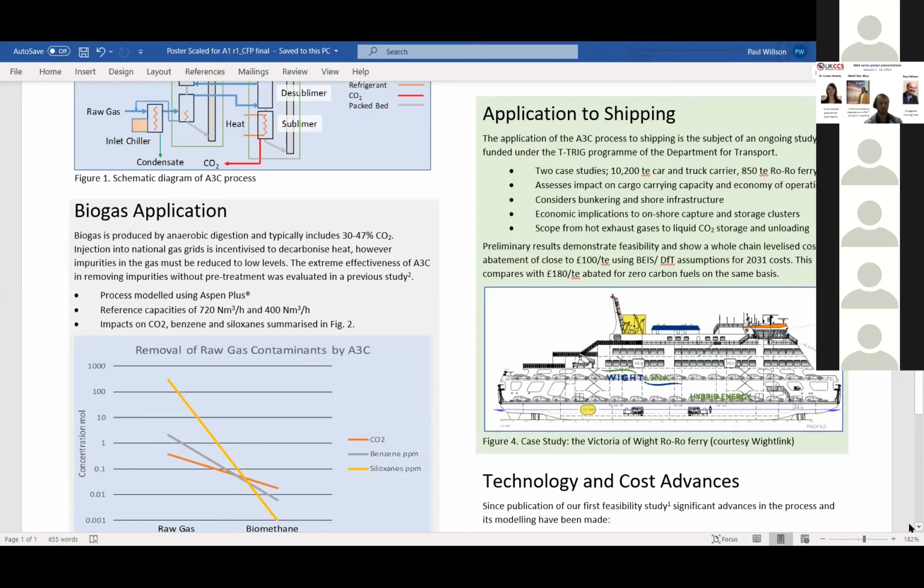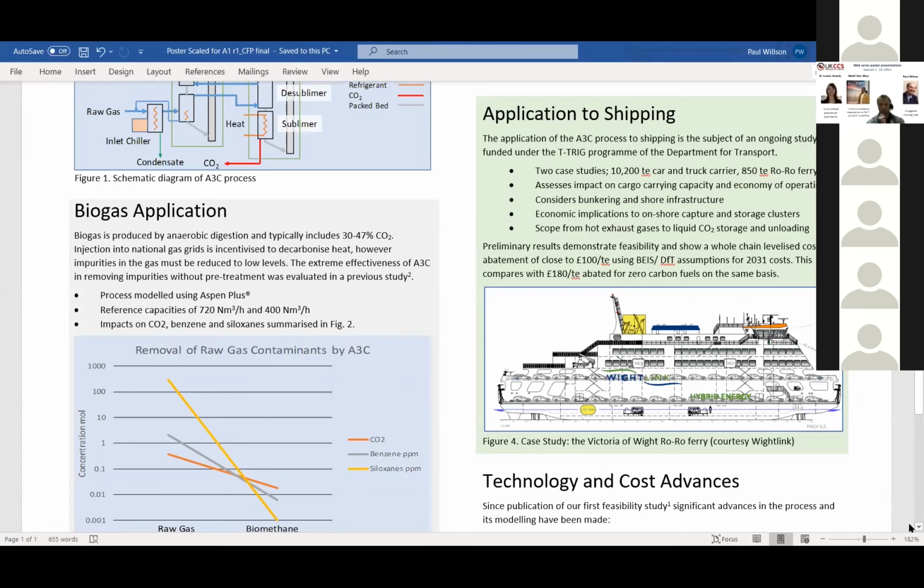We obviously, in order to make the comparison fair, have had to look at the costs of unloading and storage of carbon dioxide before transfer into the clusters. And the transfer cost is of the order of 10 to 15 pounds. And then you obviously incur the cost of transport and storage to offshore geological store.